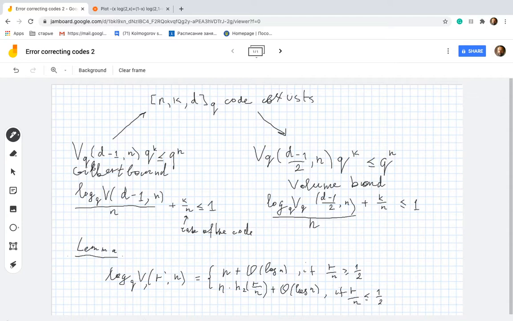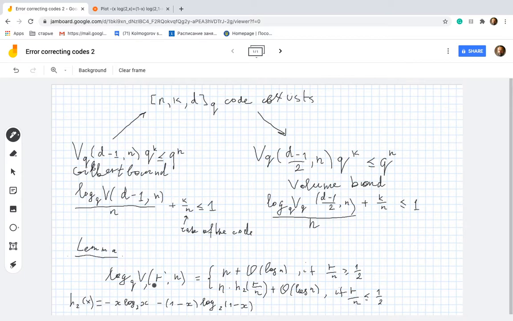And the formula for the Shannon function h2 is as follows: h2 of x is equal to minus x log x, all the logs now are base 2, minus (1 minus x) log (1 minus x).